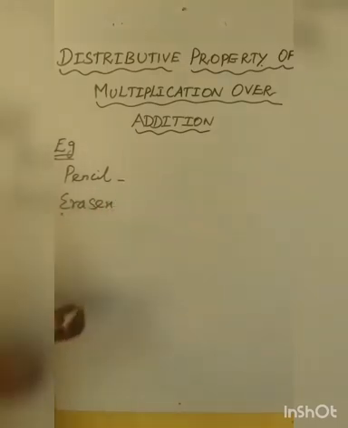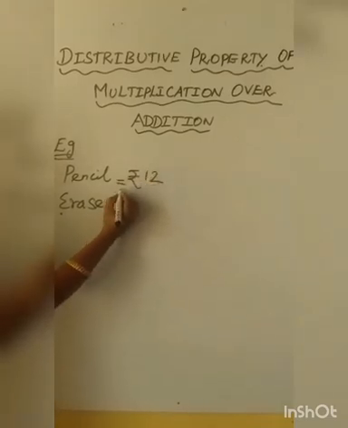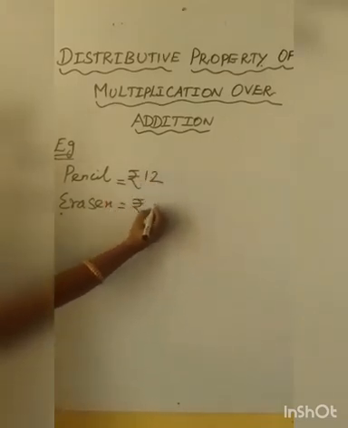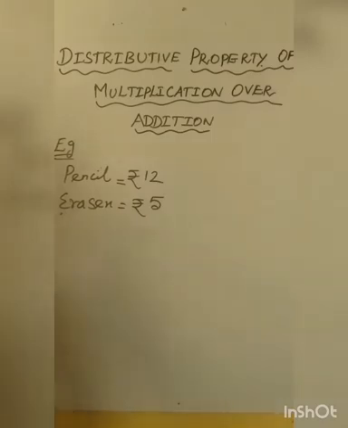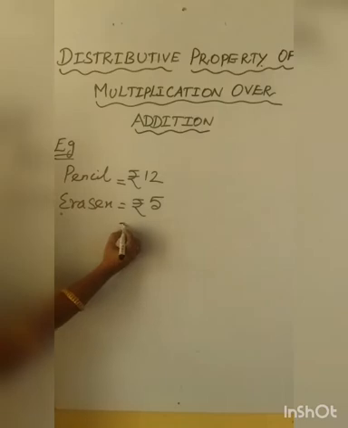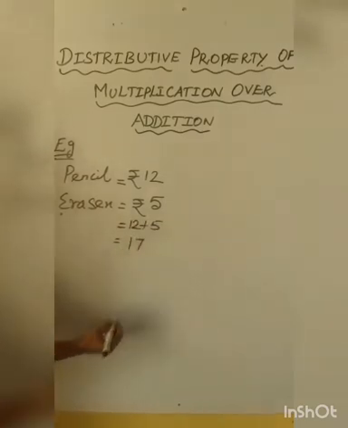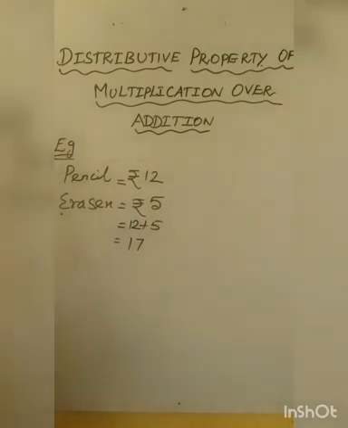The rate of the pencil is 12 rupees and the rate of the eraser is 5 rupees. So how much amount do you pay the shopkeeper? 12 plus 5 equals 17.